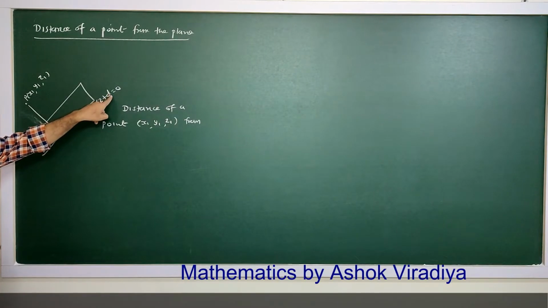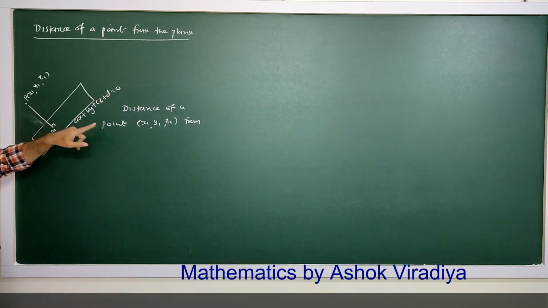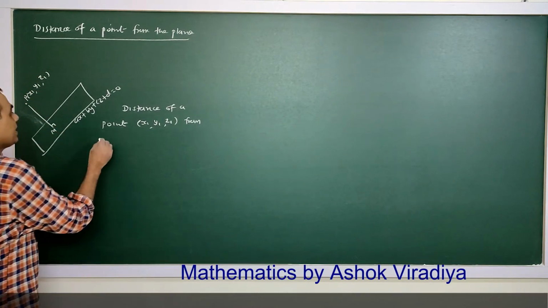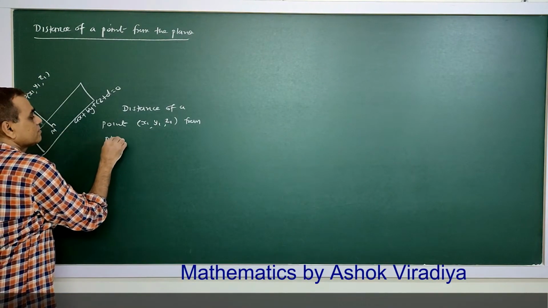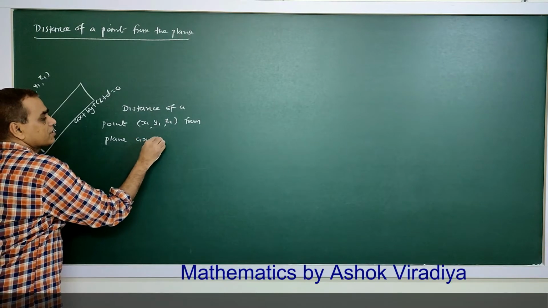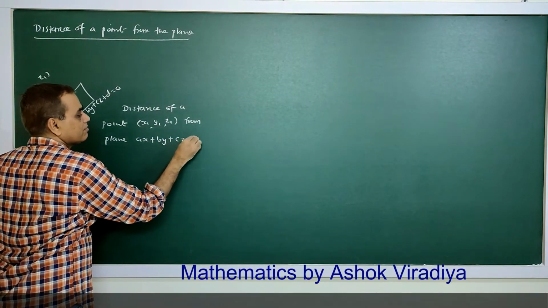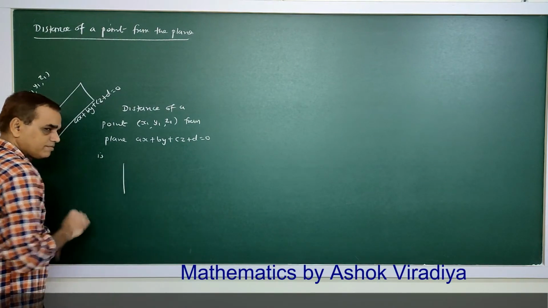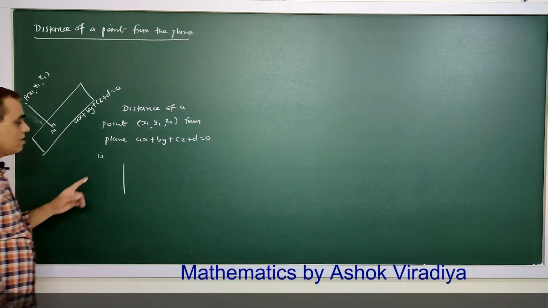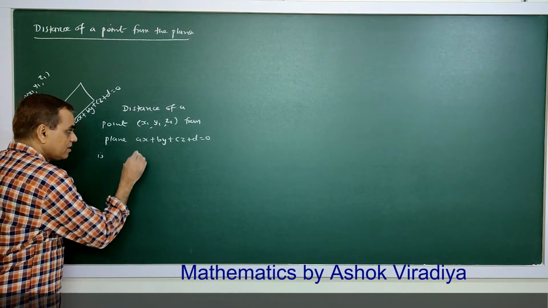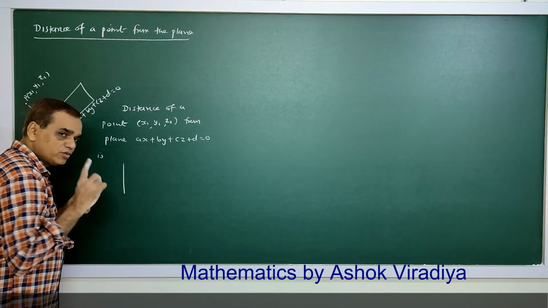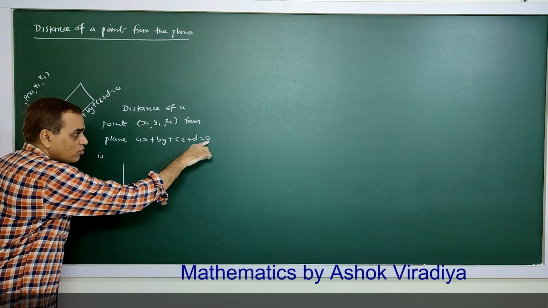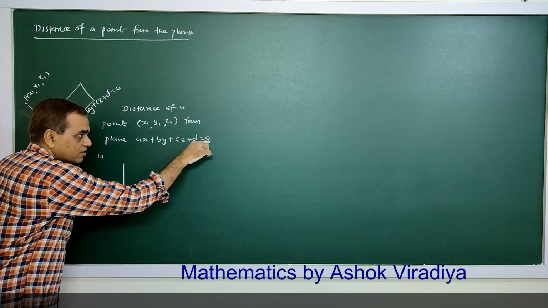Already we have used d here, so we don't use d. Distance of a point x1 y1 z1 from this plane ax plus by plus cz plus d equal to 0 is modulus of, say, whenever you use formula here in equation of plane, here there must be 0. 0 is a must.